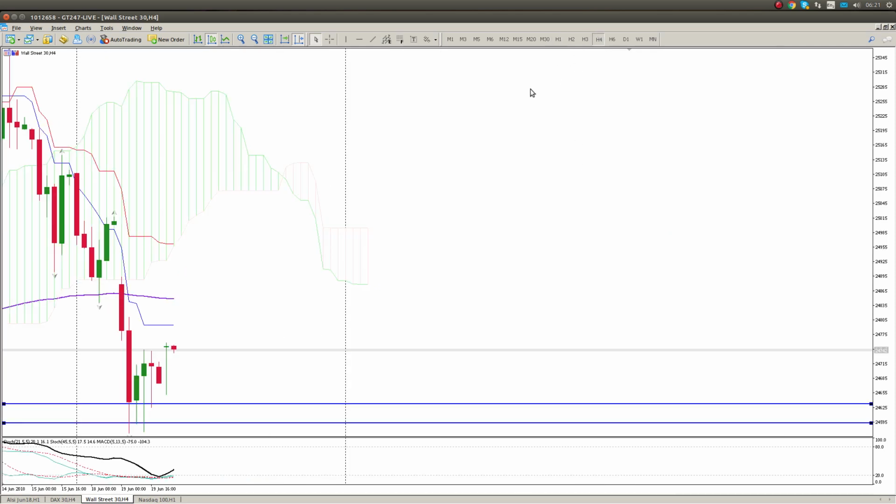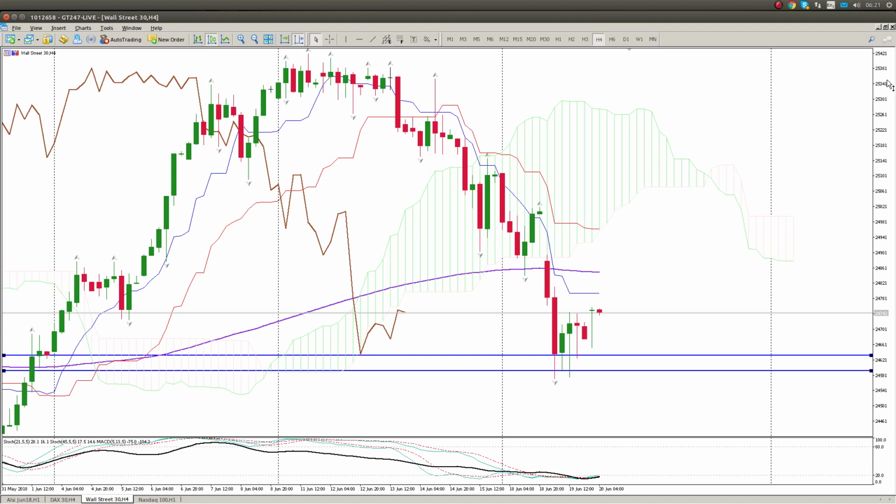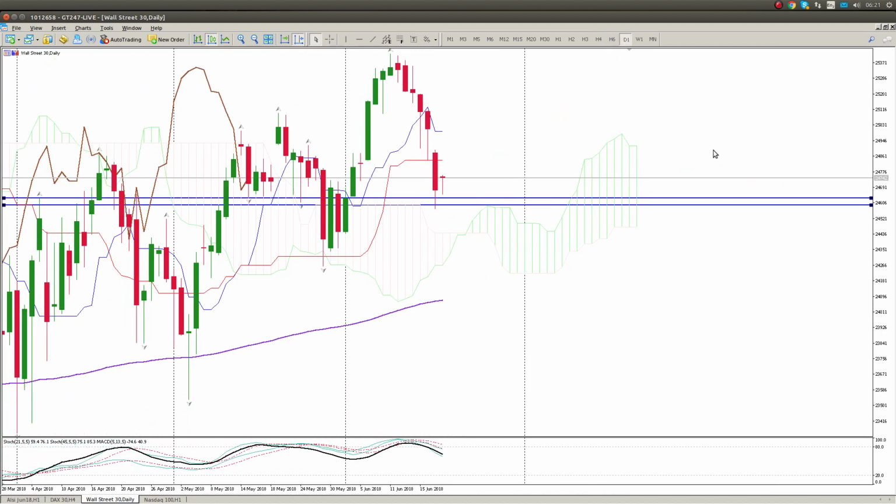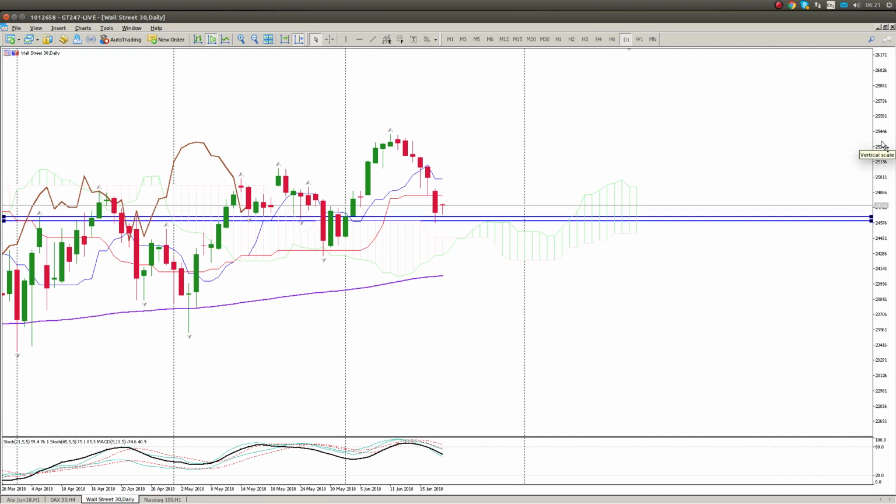Okay. So if this is a pullback, and let's just get back to the daily, and then I can give you a longer term target here. So if this is a pullback, then what we're looking for, let's just take the conservative view here, will be from here.